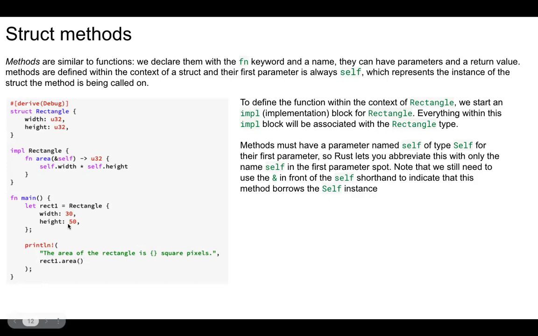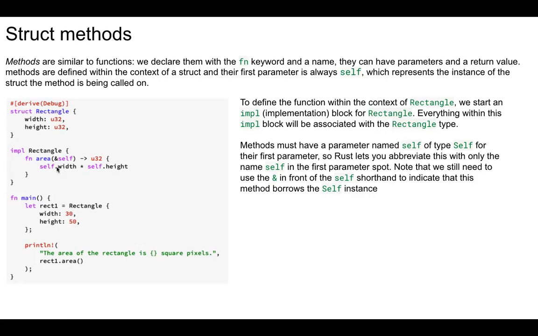If you notice the definition of area, it's ampersand self. But here, how do you invoke it? Rust internally will pass the instance on which the function is invoked. And the values that you have used to assign to different properties, it will use here.